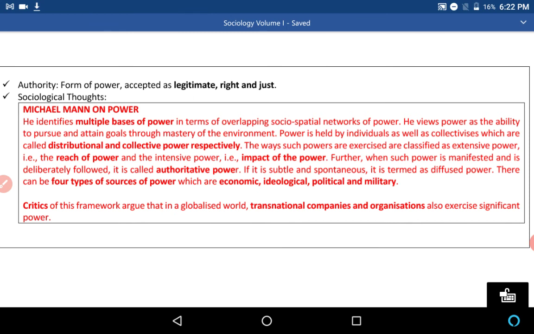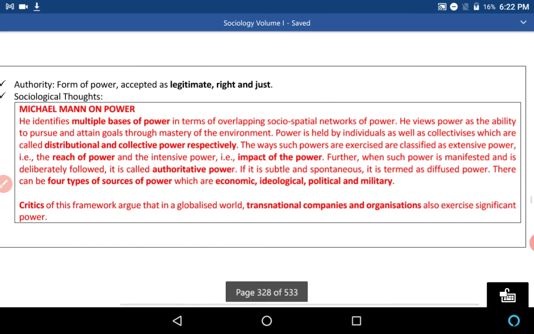But when I talk about intensive power, it is how deep its impact goes. For example, the government implements a certain tax. So whoever pays the tax will be the reach of power, or extensive power. But how many will comply with it, that will be the impact of power.